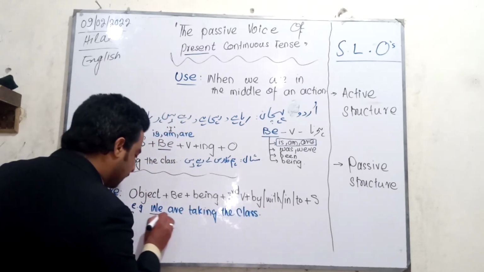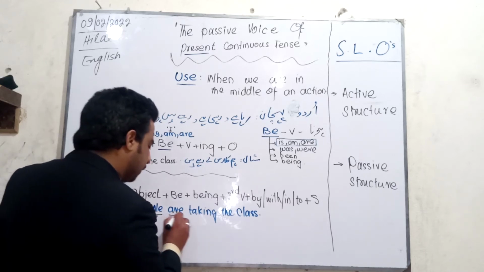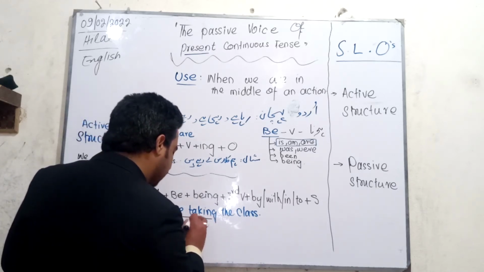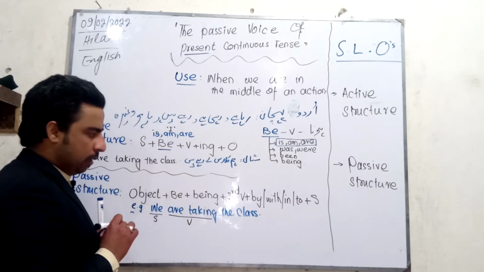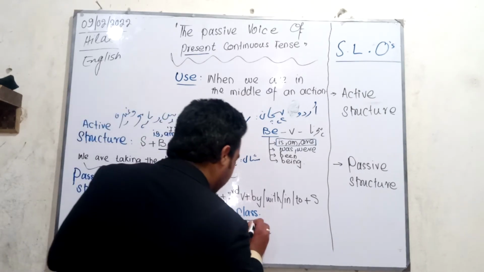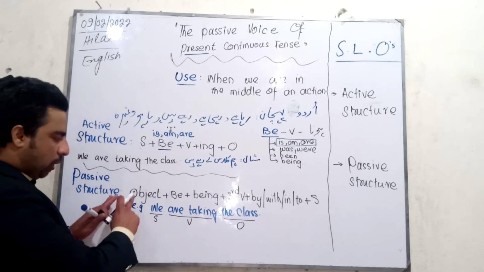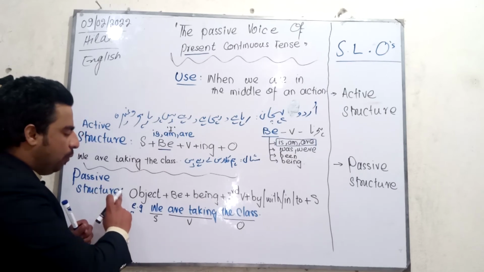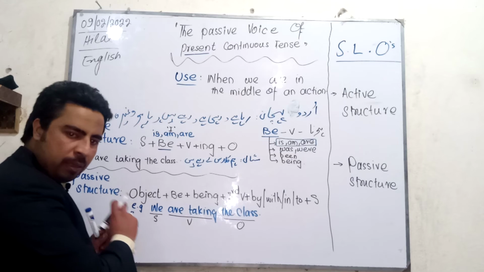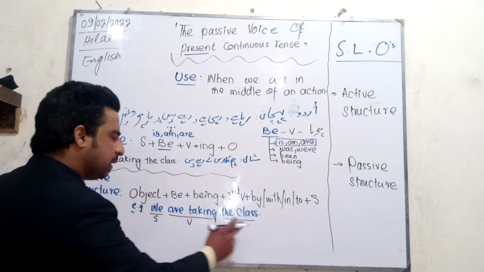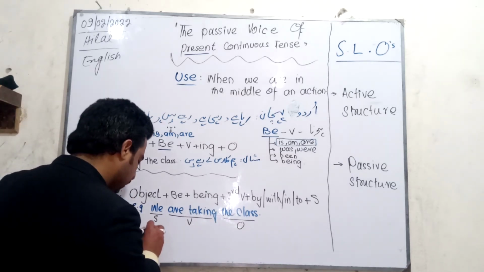This is a subject over here, this is a verb phrase, so it means this is a verb, and this is an object. Now according to this very structure, first of all I will have to put the object. So the object is the class.